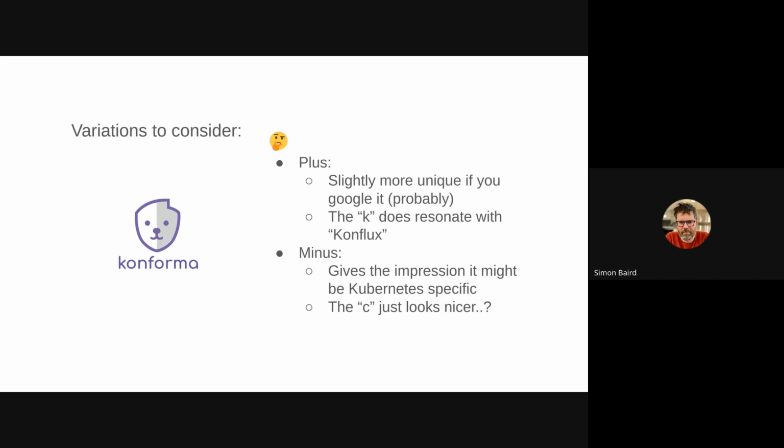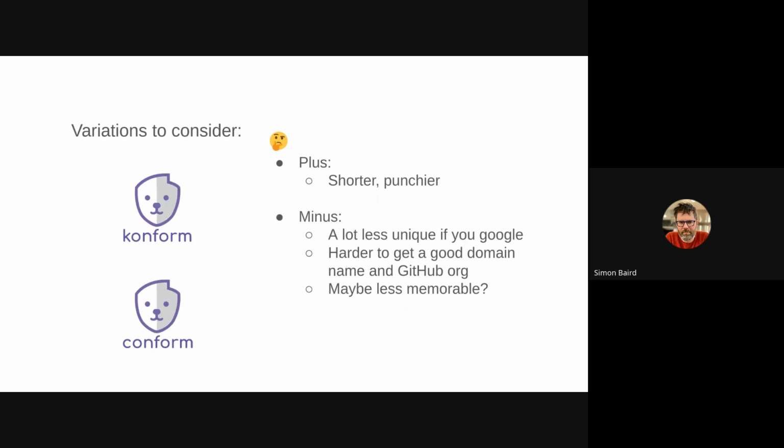This was a pitch deck to my team and other stakeholders. We were going through some alternatives. The K one was a front runner for a while there. The shorter version, if you Google that, you're going to get thousands of things, so I think not as good.